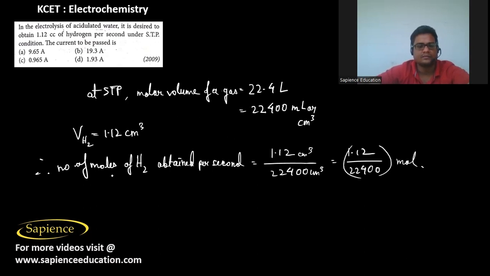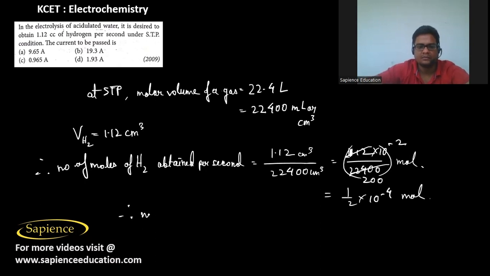Now this is equal to 112 into 10 power minus 2 divided by 22400, so this is 1 by 2 into 10 power minus 4 moles.